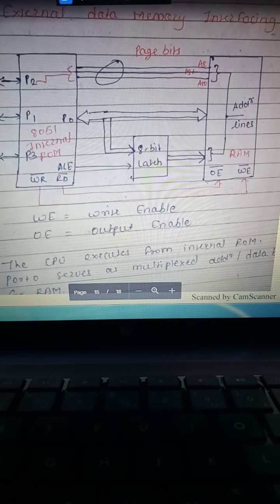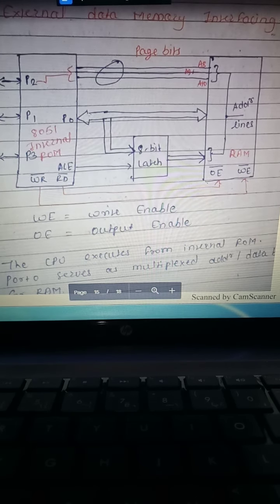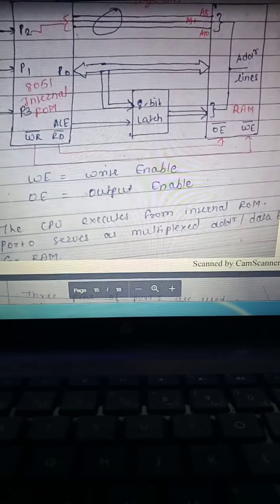Again it has P0 and P2 ports as usual, but in this it has two additional signals, that is WE and OE. What is WE? It is nothing but write enable, and OE is output enable. How will it work?